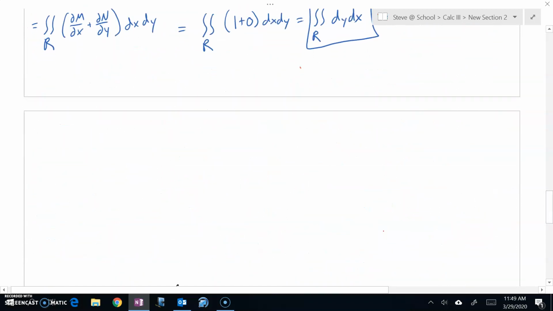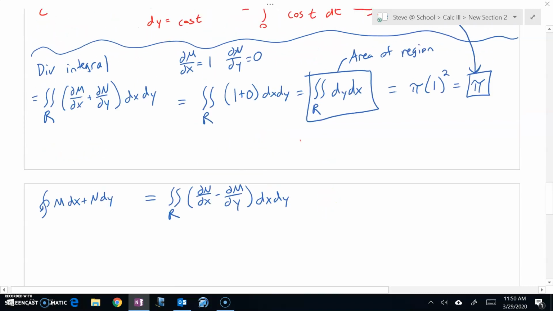Prove that if you do this formula this way first, with the counterclockwise circulation from before, then I want you to show me that it equals the k component of curl, which is this. I want you to do these two formulas with the problem I just did. So that'll be your assignment tonight.